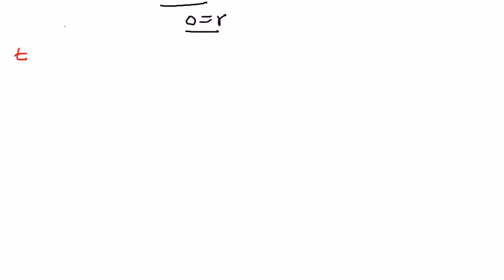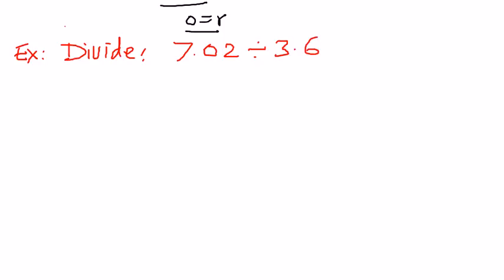Let us take another example. In this example, we want to divide 7.02 divided by 3.6. Okay, so we will explain the solution in these different steps. Step number 1.